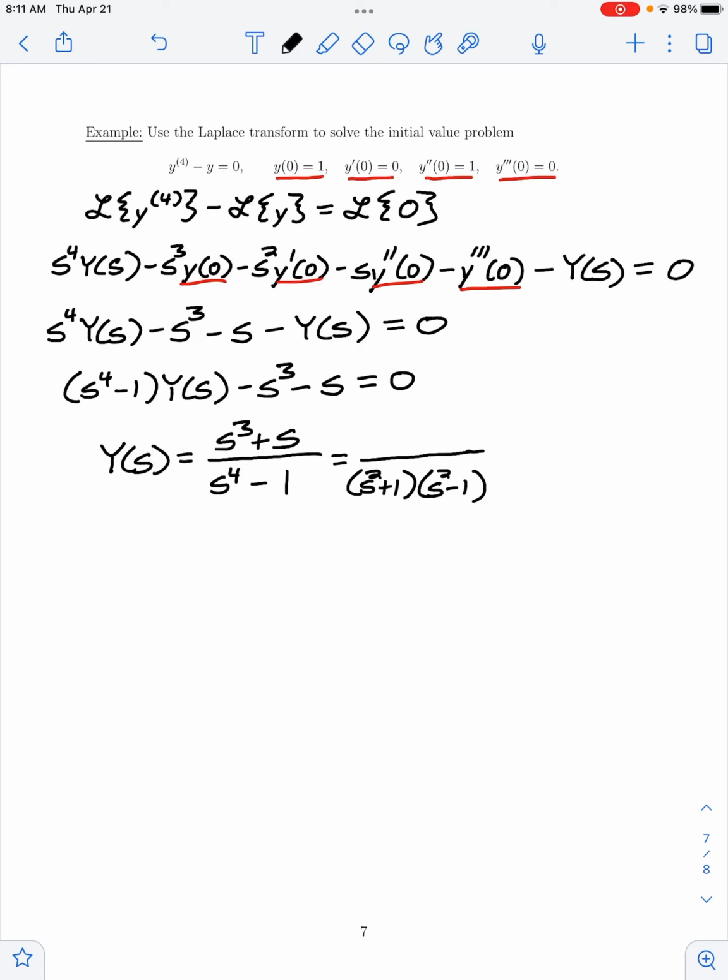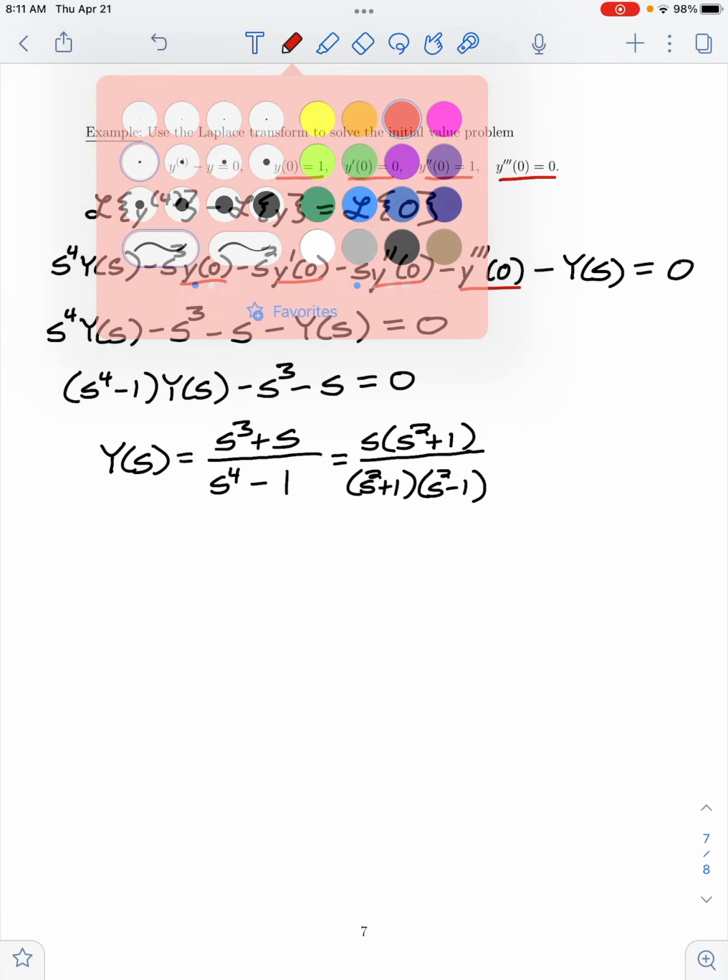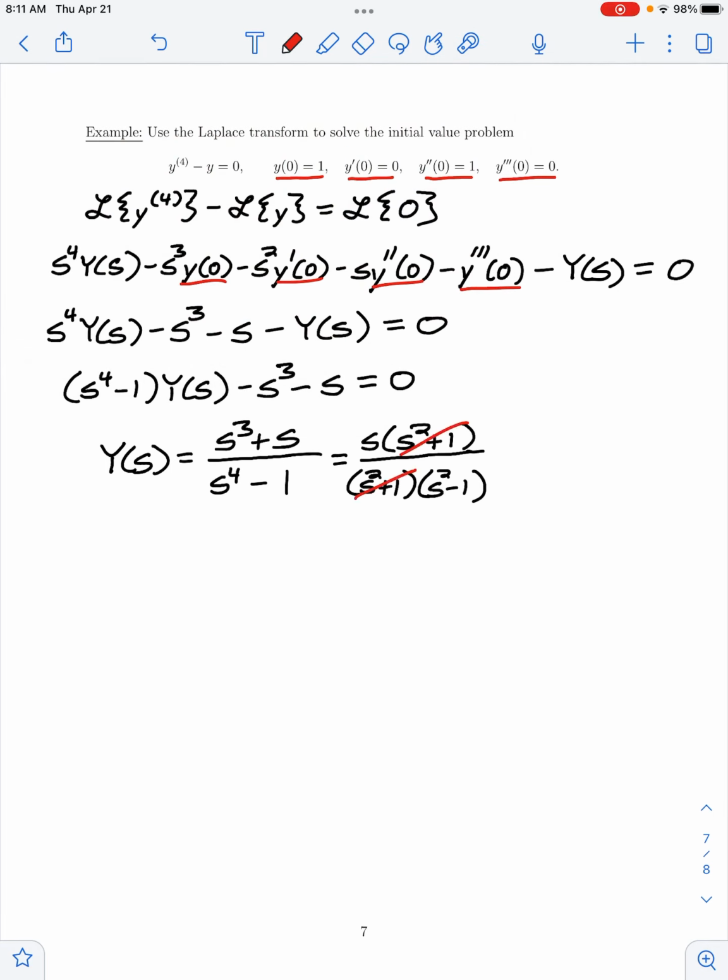And my numerator, if I factor out an s, leaves me with s^2 + 1. And this then allows me to cancel a factor of s^2 + 1, leaving me with capital Y is s over (s^2 - 1).